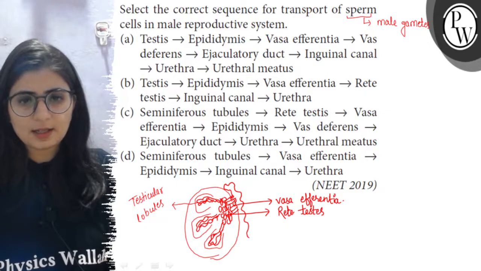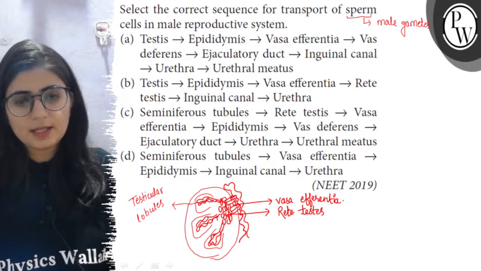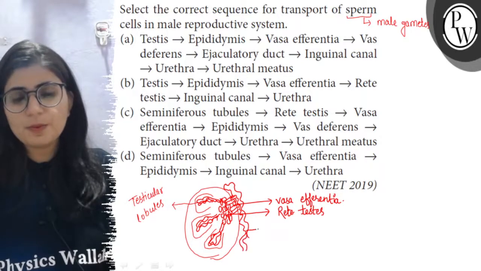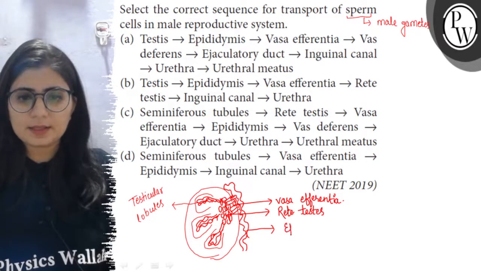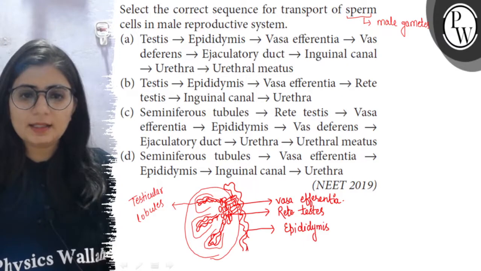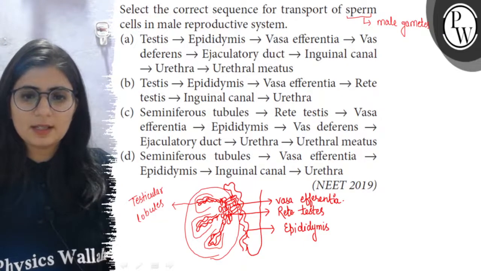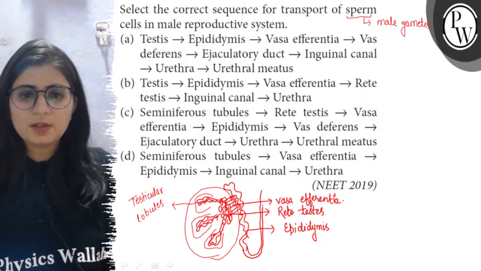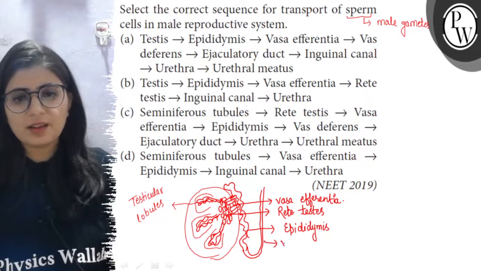This highly coiled tube is called epididymis, and this epididymis then enters the abdominal cavity by a tube which is called the vas deferens.